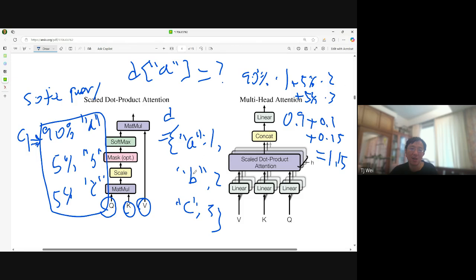So that's one of the benefits. And also it is sort of like a similarity test. We can still kind of mimic or simulate the mechanism of finding the relevance of one thing to another.